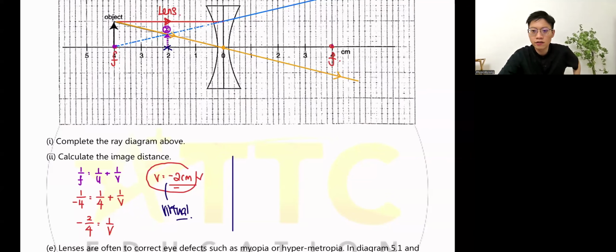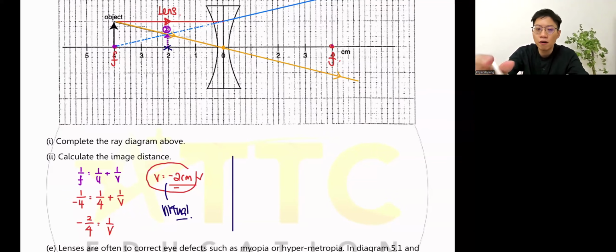Now, since the concave lens, I just sub in the negative. You cannot, because how do you want the final answer to get negative? It's like whenever we do calculation, do we put negative at the unknown or not? We don't. If the answer comes out to be negative, it should be virtual.